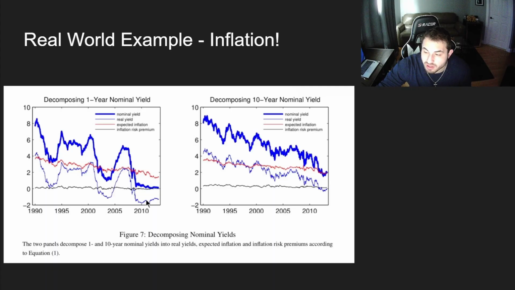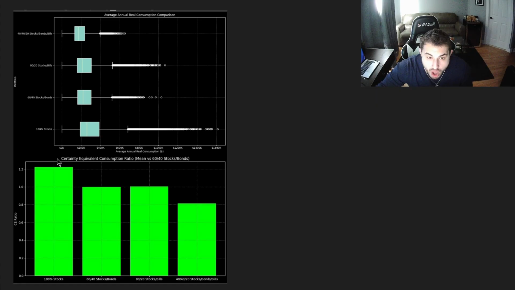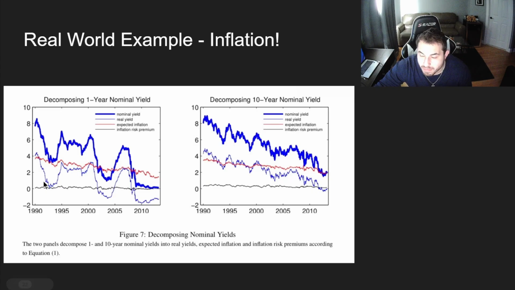So we could be an inflation insurance seller, but what do we get out of that? We get only 1 or 2 basis points, a couple of basis points from being an inflation risk seller. We know that inflation risk is such a big deal for us, and all we get in return is a measly 2 basis points.